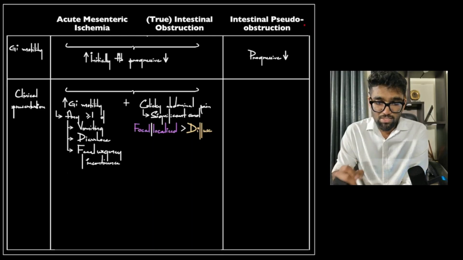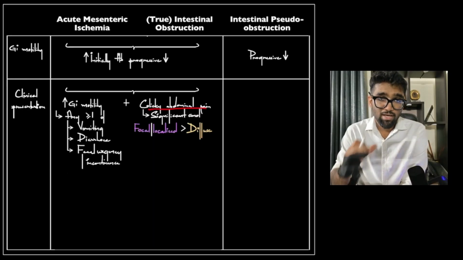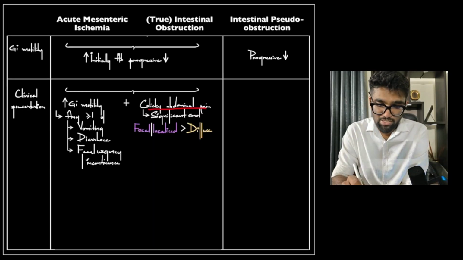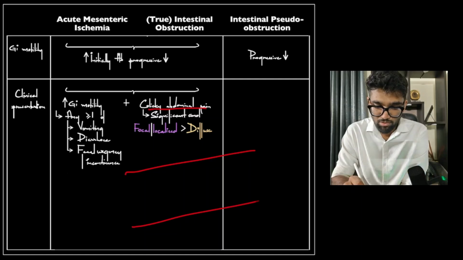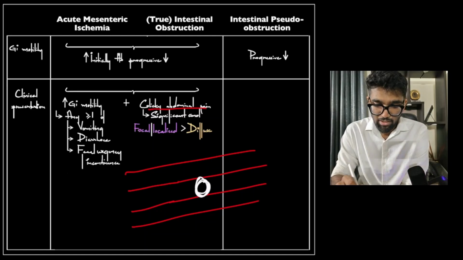Now, this is associated at that time with a colicky abdominal pain. This is because as the bowel lumen goes into spasm, obviously the pressure inside the wall of the intestine increases. So say there's an obstruction here, and the intestine here is contracting vigorously.